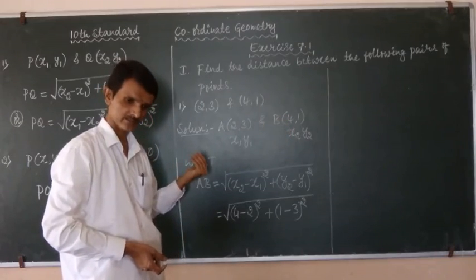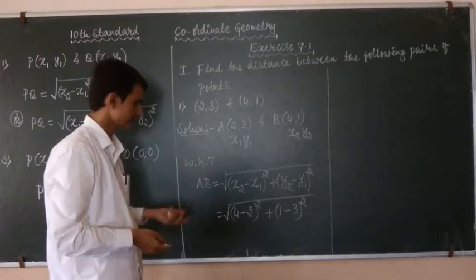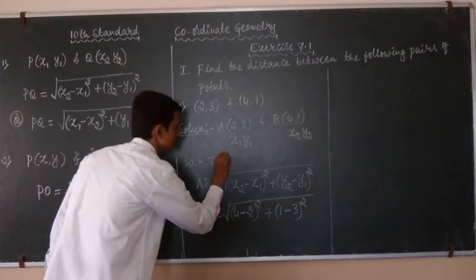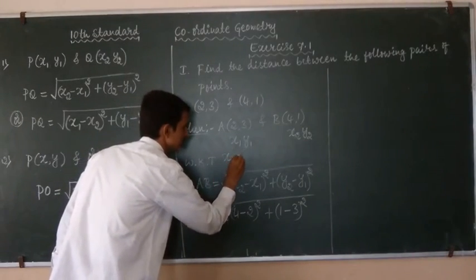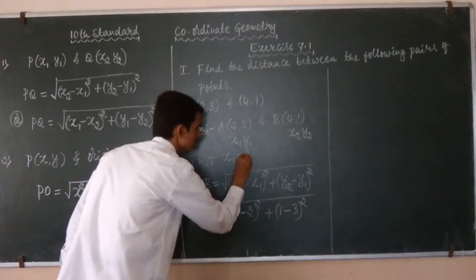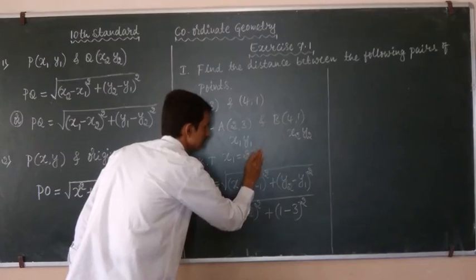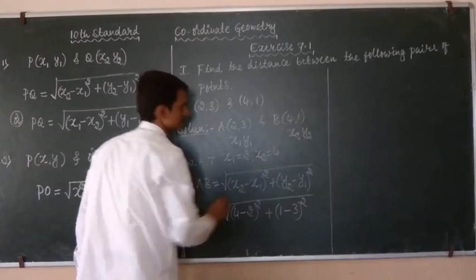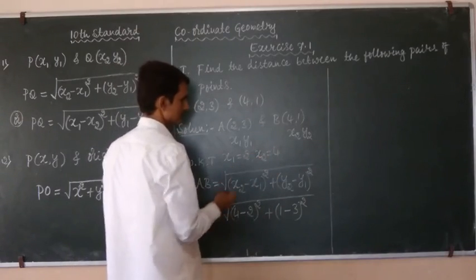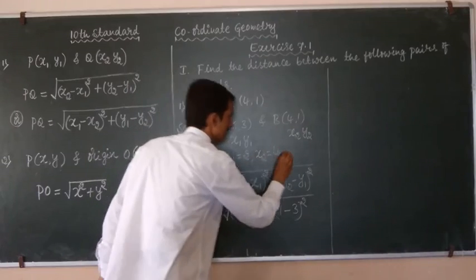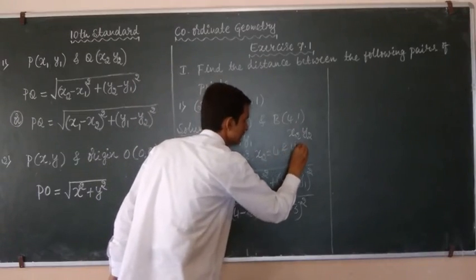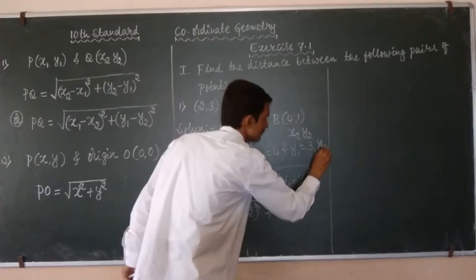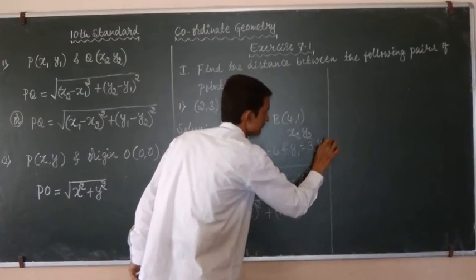If you get confusion, you can write the values: x1 equals 2, x2 equals 4, y1 equals 3, y2 equals 1.